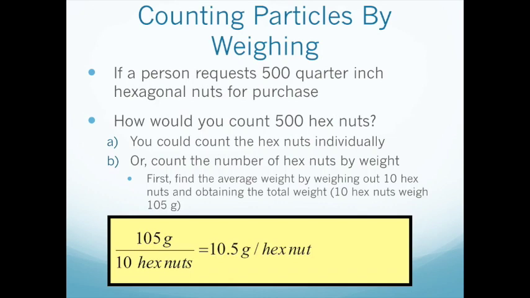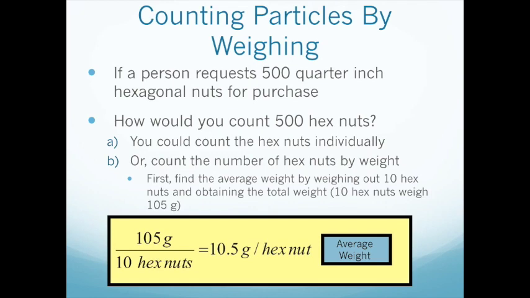This would make it significantly faster, especially if you knew the hex nut weight ahead of time, for you to pull out 500 hex nuts or 1,000 hex nuts or any number, without having to put too much effort into ascertaining the exact number. And obviously keep in mind that when you do this, you're obtaining an average weight for the hex nut, because not every hex nut is exactly identical.